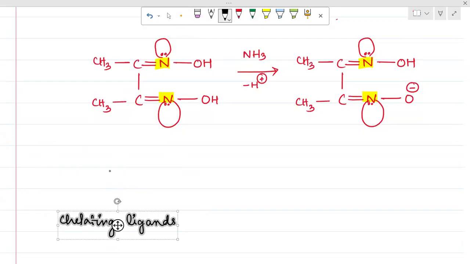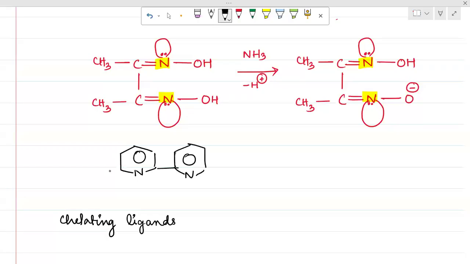Pyridine, please write if you want. This is pyridine. This is bipyridine, 2 nitrogen donors will donate electrons to the metal. Then you have phenanthroline. There are many.